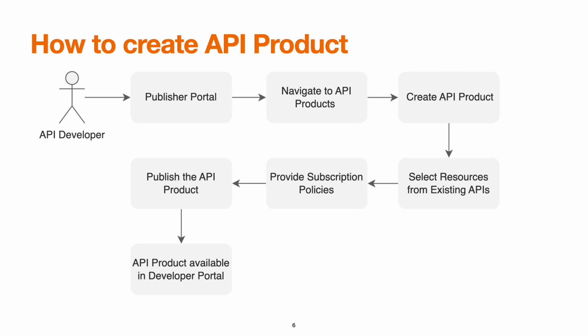So we select the API, we select the resources and then go to the next screen. It will provide us the subscription policies that we have to apply to this API, and then we'll publish the API product. Finally, once we publish this API product, it will be available in the developer portal for final consumption. We'll see each and everything in the demonstration as well.